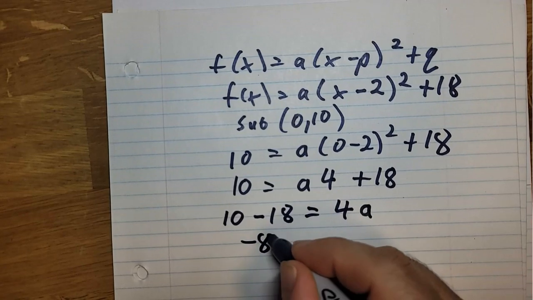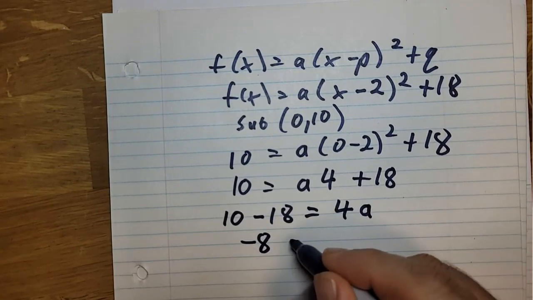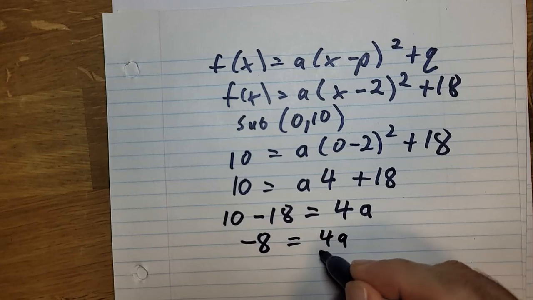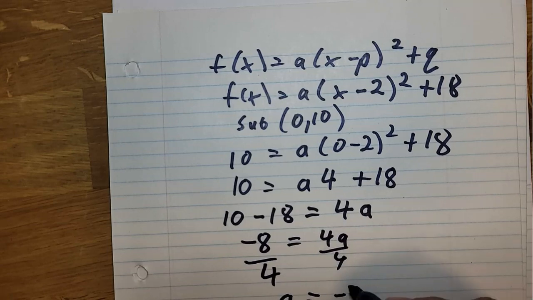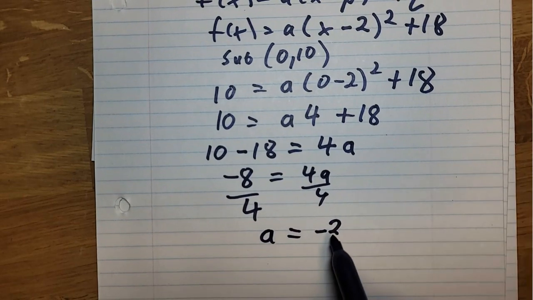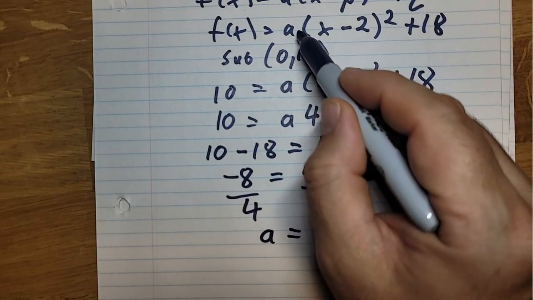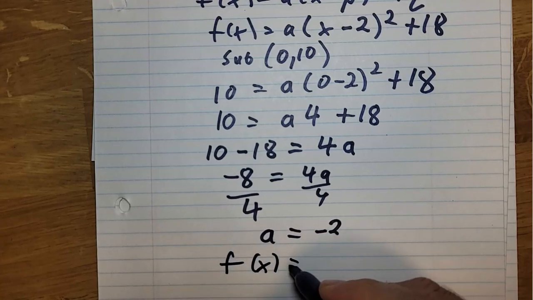You get negative 8, because 10 minus 18 is negative 8, equals 4a. Divide by 4, divide by 4. So a is negative 2. Quite a difficult question. Now we're going to put that a back into the equation with the vertex, and we have the equation of the parabola in vertex form.